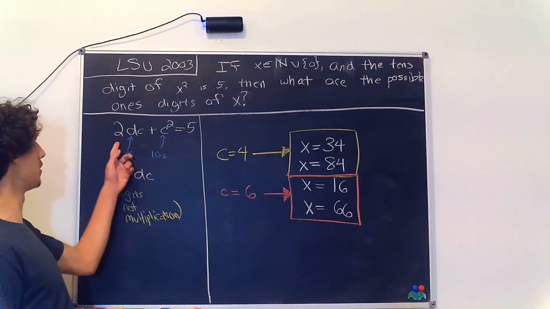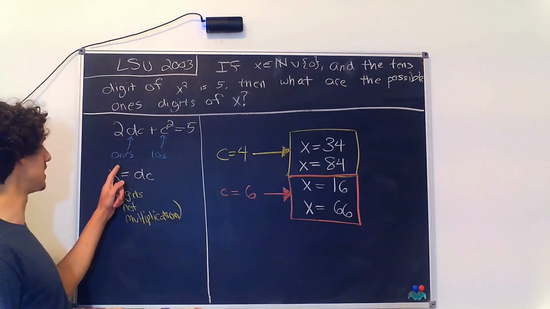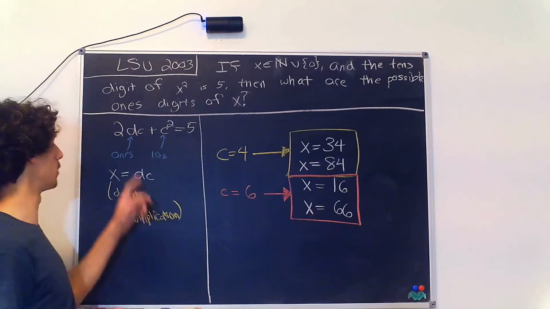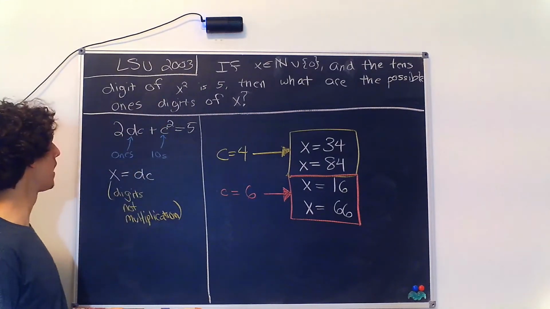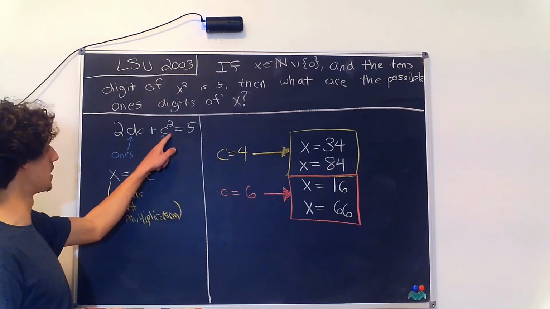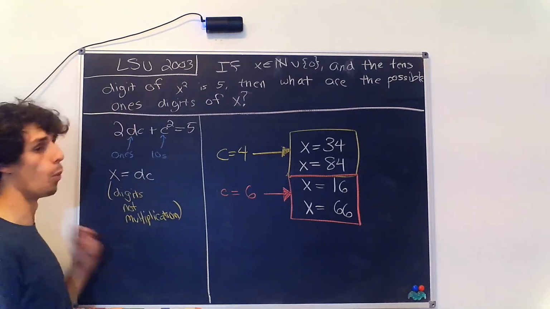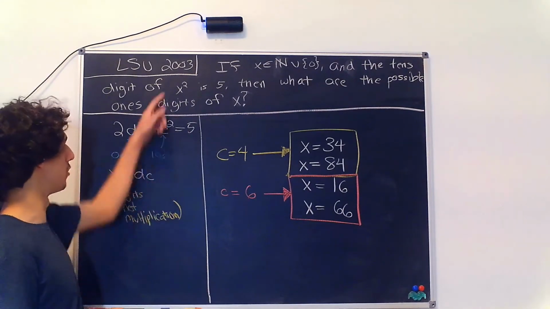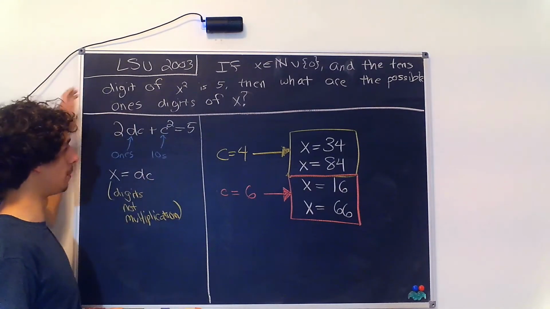So doing this, we found that 2 times dc in the ones place, because this all occurs in the tens place when we multiply x to itself, and c squared in the tens place, because this is the resultant when we multiply x by itself in the ones place, gives us 5 in the tens place for x squared, which was our parameter up here.